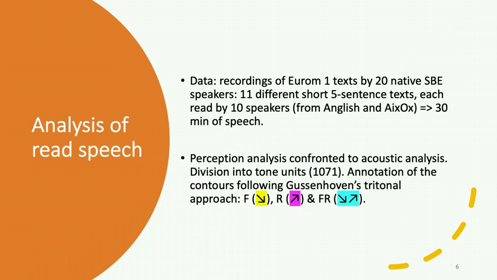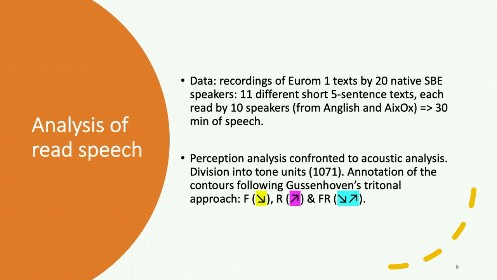Each text is read by 10 speakers, but in fact we have 20 speakers because some of them read 4 texts and others read 7 texts. All in all, 110 texts of an average 17 seconds were analyzed, which represents about 30 minutes of speech.